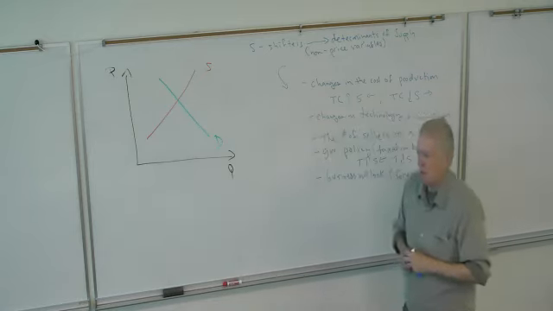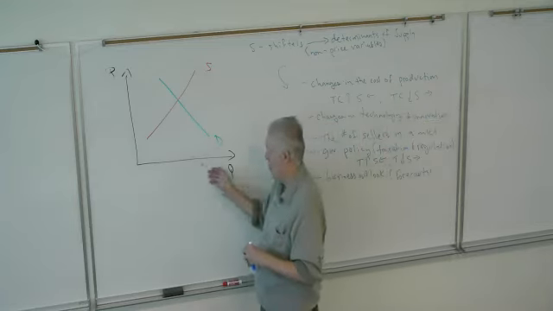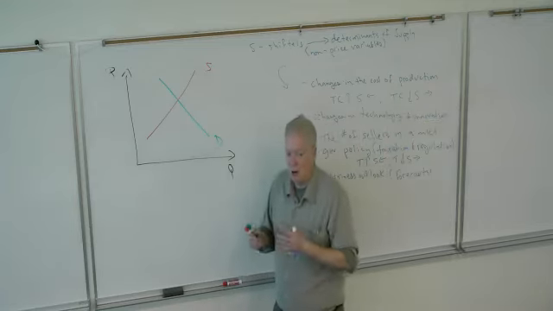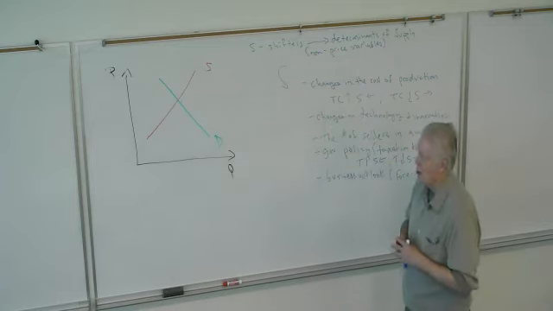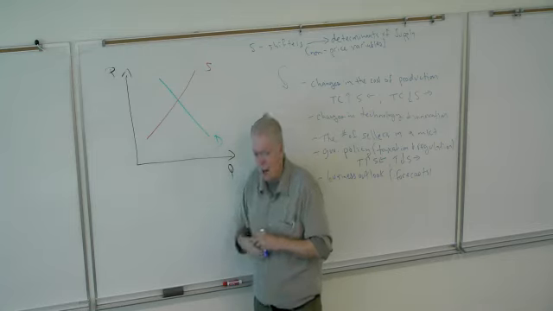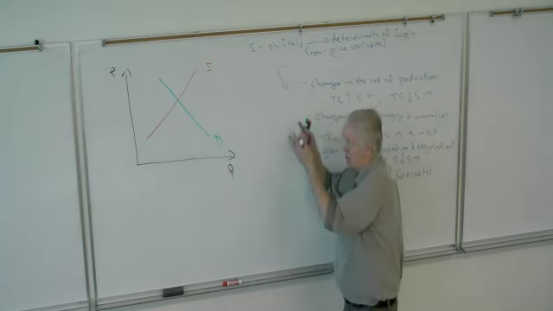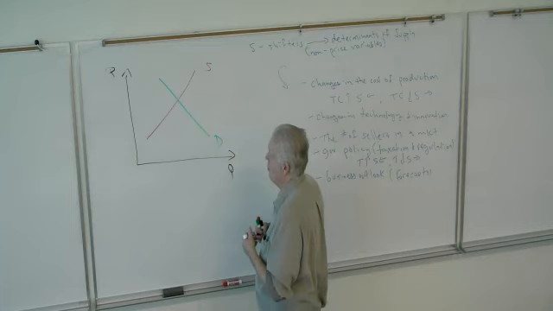Sellers want high prices and buyers want low prices, which is why their quantity decisions are based upon either high or low, depending upon what side of the market you're on. That is not exactly a Nobel Prize winning economic statement, that sellers want high prices and buyers want low prices. But it is reflected here graphically for those who like it more graphically oriented.